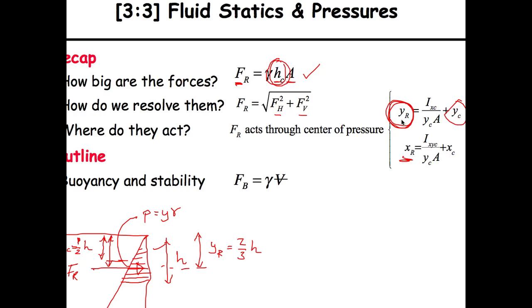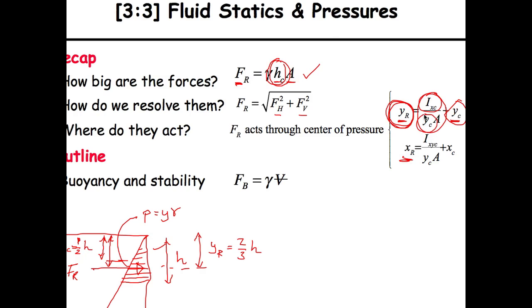a distance from the fluid surface where the pressure is equal to 0, equal to y sub r, and that magnitude of y sub r is given as the location of the centroid of the plate plus some small additional distance. And that small additional distance depends on the shape of the plate that we have, which is embodied in this, and also how deep that plate is relative to the free surface.